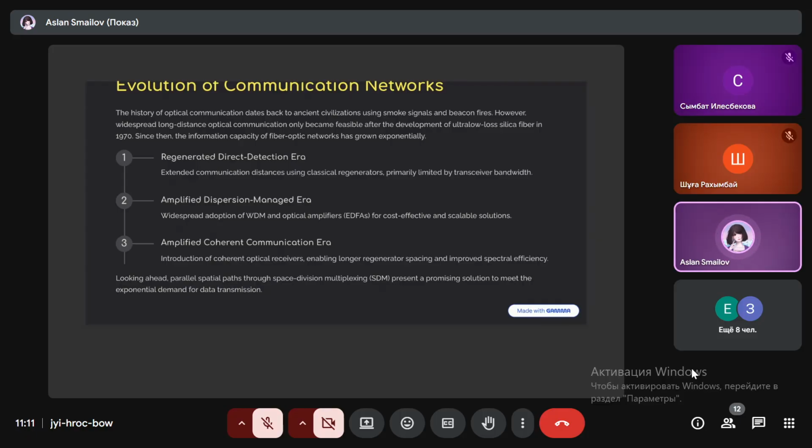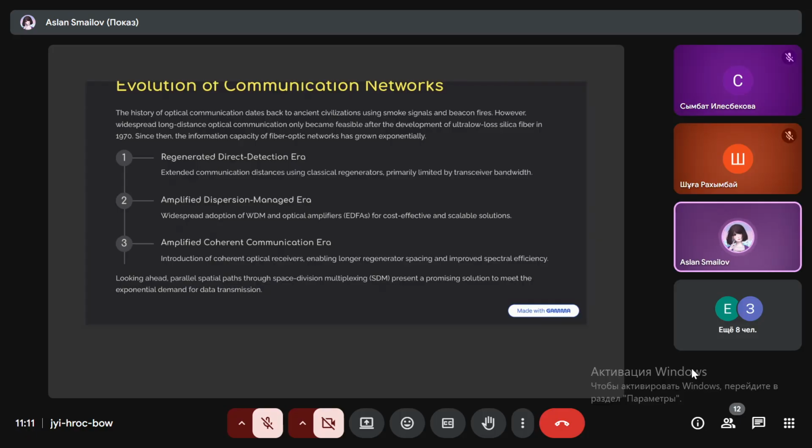Since then, the information capacity of fiber networks has grown exponentially. The first one is the regenerated direct detection era, which extended communication distance using classical regenerators, primarily limited by transceiver bandwidth.